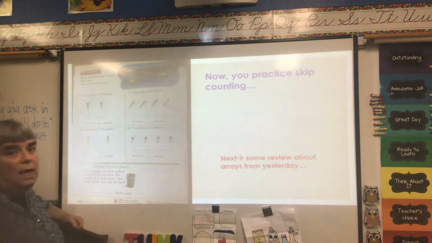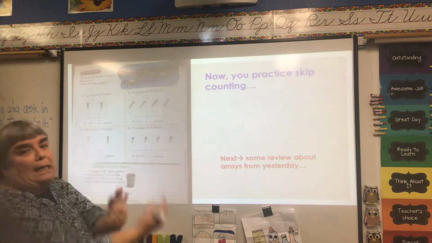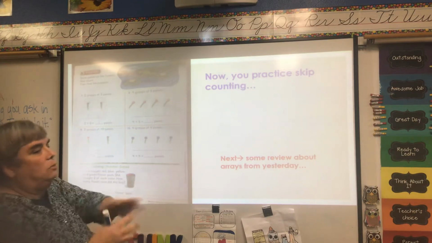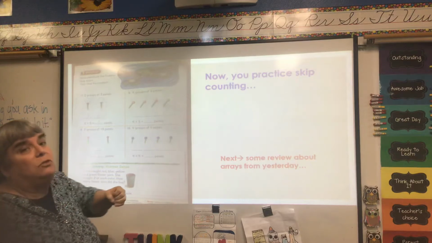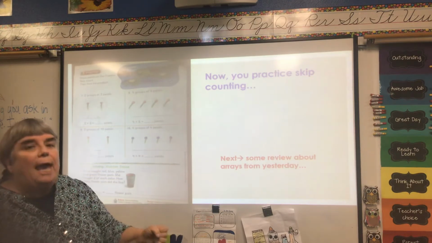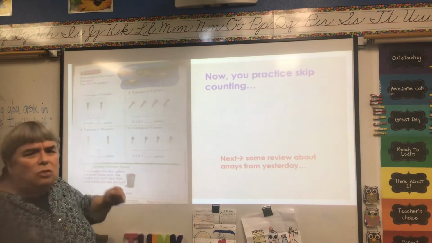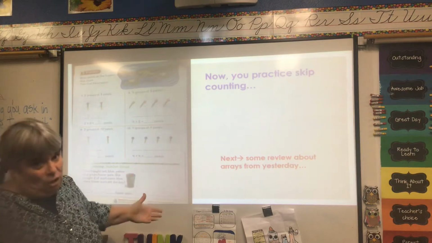Remember we learned yesterday that the word product is the answer to a multiplication problem. Just like when you add numbers, the answer is the sum. When you subtract numbers, the answer is the difference. And when you multiply, the answer is the product. We also talked about how those 2 numbers being multiplied are called factors.